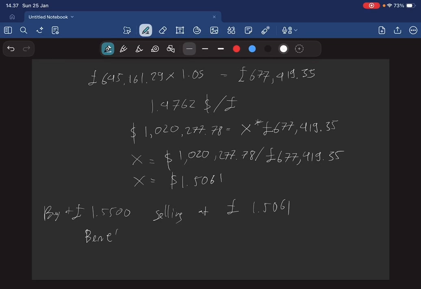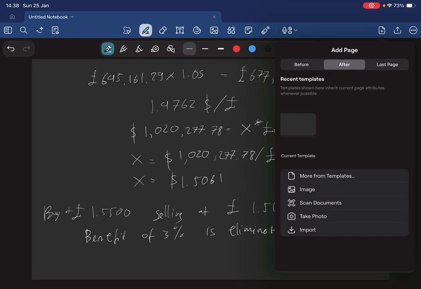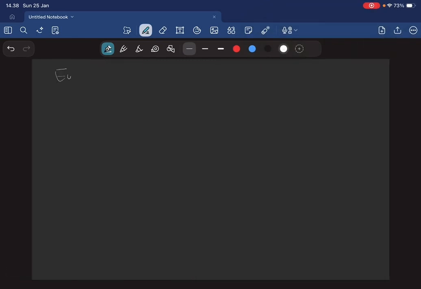The benefit of 3% is eliminated. At a forward rate of $1.5061 per sterling, you would be totally indifferent as to which currency you invest in. This rate is also the equilibrium rate between the spot and forward market.